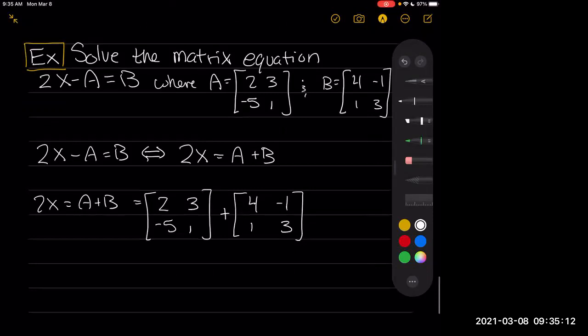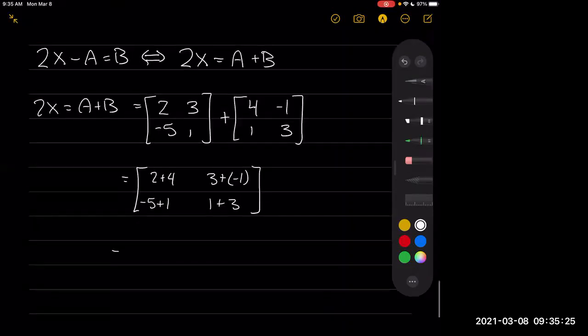And when you add those together, you get 2 plus 4, 3 plus negative 1, negative 5 plus 1, and 1 plus 3. And so this is 6, 2, negative 4, 4. And so this is what 2X equals.